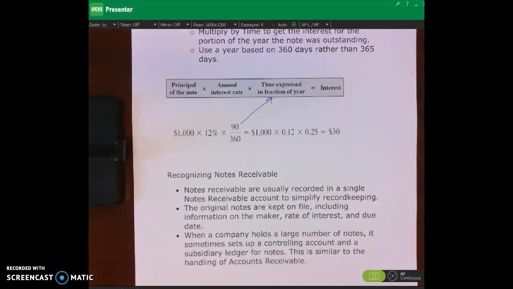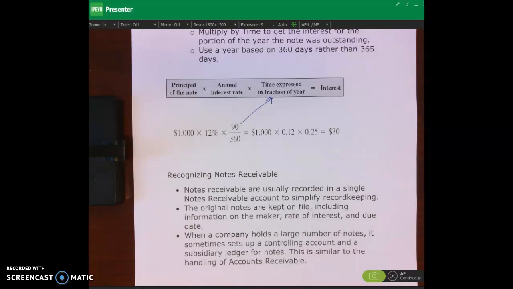Okay, and again, getting back to why a company would want to use a notes receivable, they can use it to extend the due date for an accounts receivable. They could use a notes receivable when they lend money to another party, or they could use notes receivable to recognize a sale on credit. So rather than debiting accounts receivable, they would make the sale on a notes receivable.